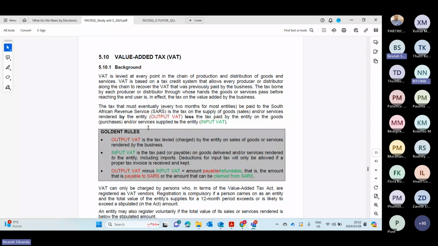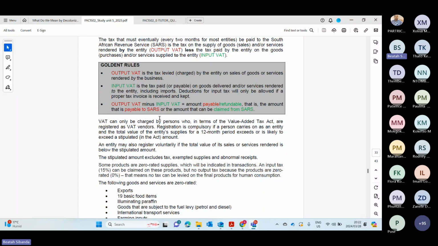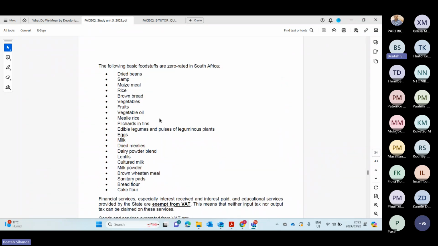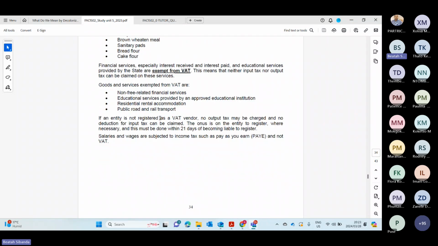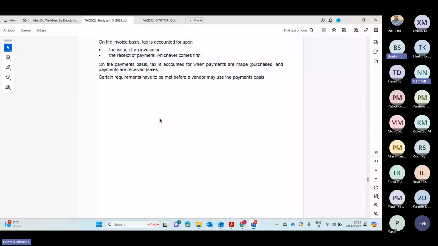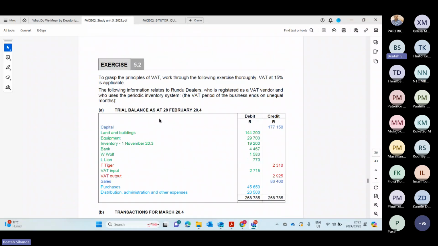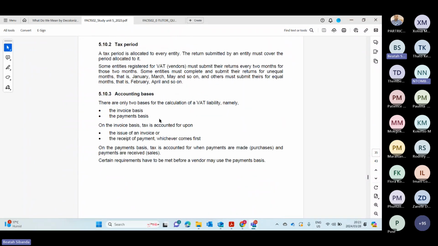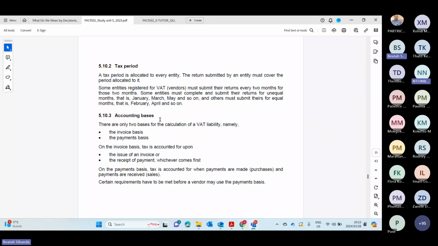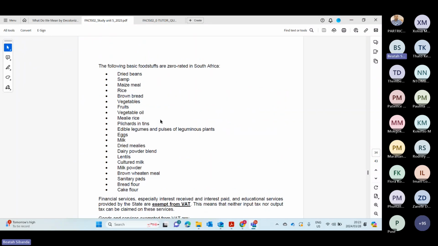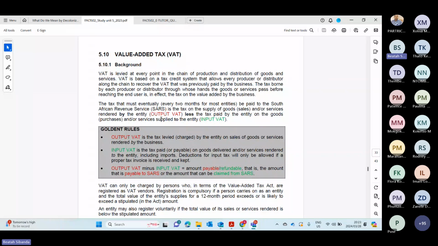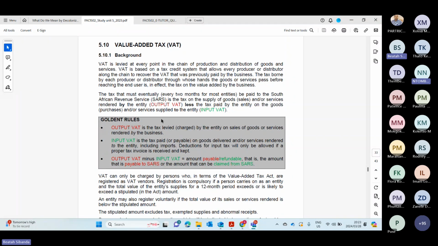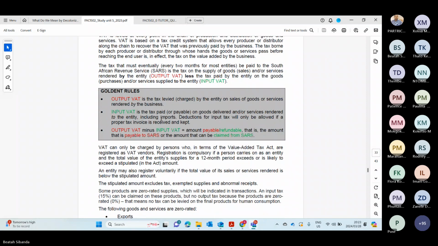So it gives you just a brief background of how the concept of VAT works. So it gives you the things that you can pay VAT on and then how it's levied. So I would encourage all of you to read that just so you have an idea of what is happening when you're doing these questions. It's not much reading, it's about 3 pages that you need to go through. So if you go to 5.10 of the study guide, you will find all the information there.